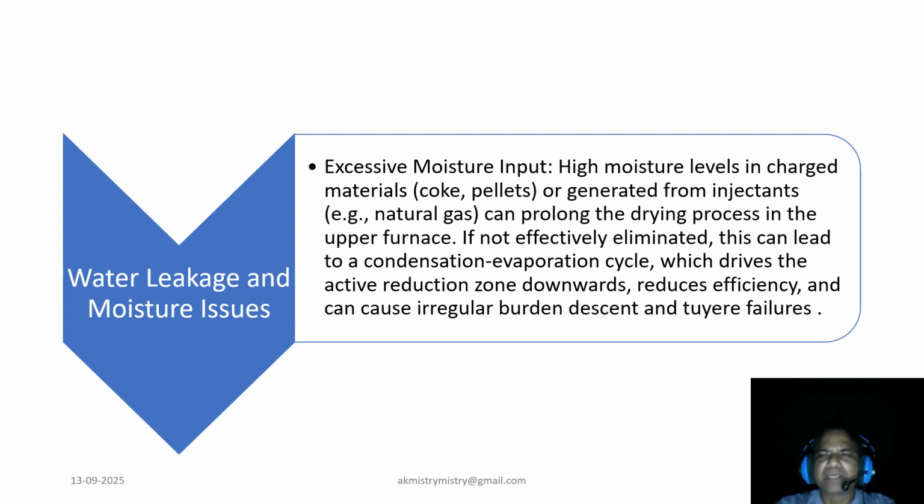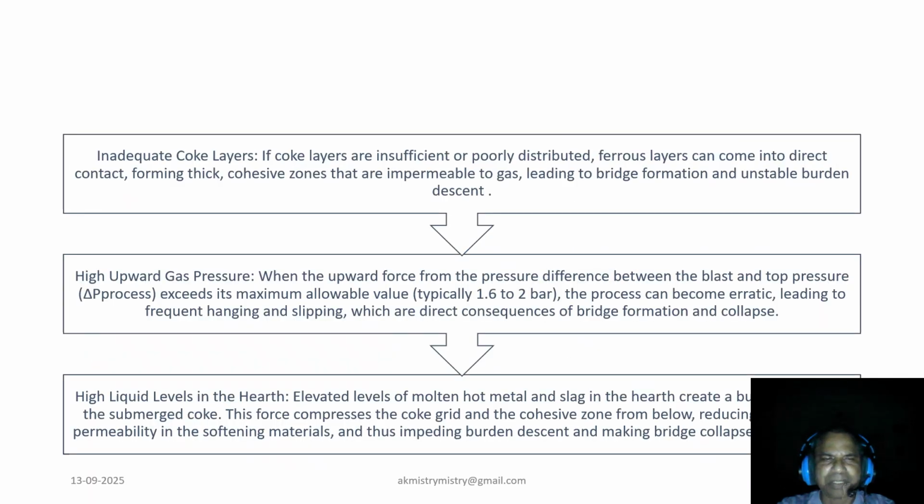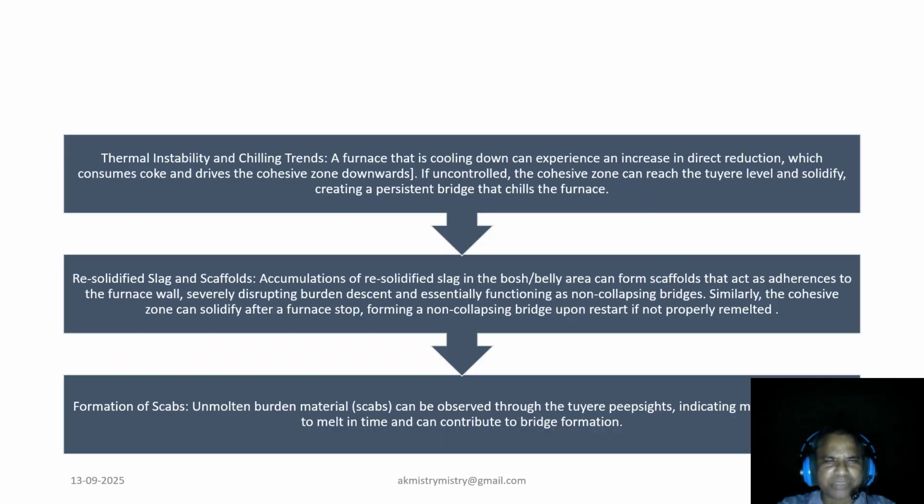A holistic approach is very vital for the stability of the furnace operation. And as we can see, these are the information related to inadequate coke, which we have already discussed. The thermal condition instability is also being shared in this slide.